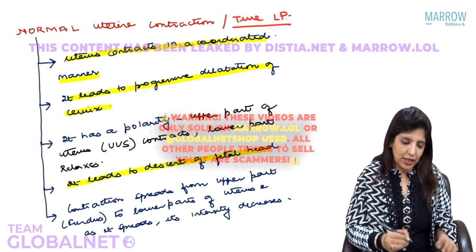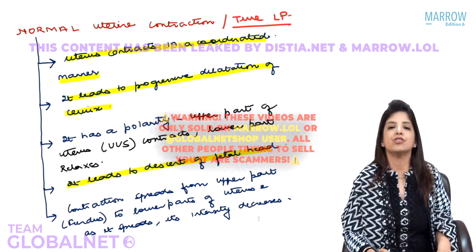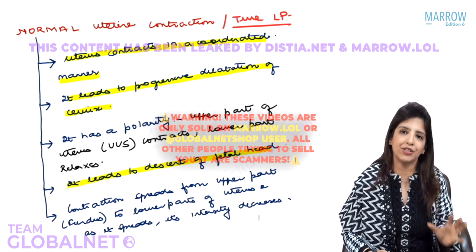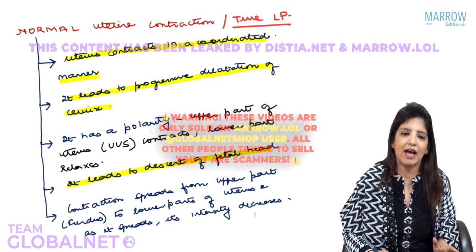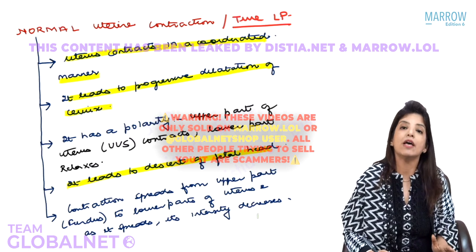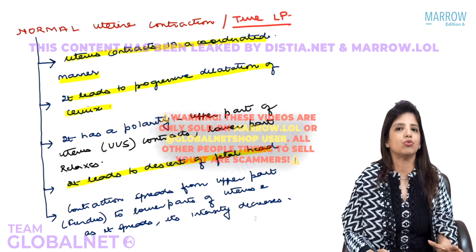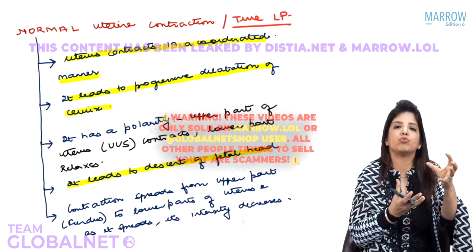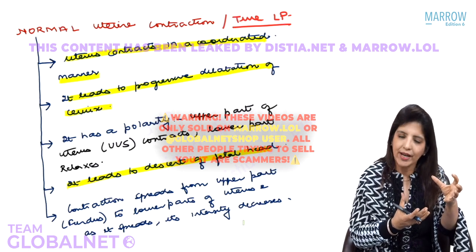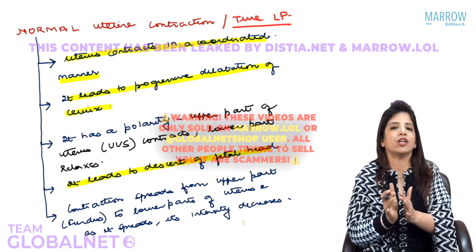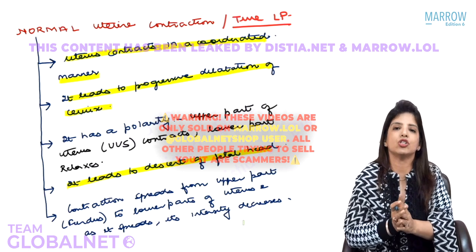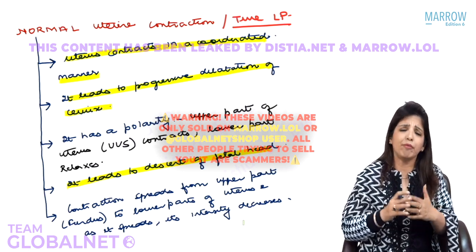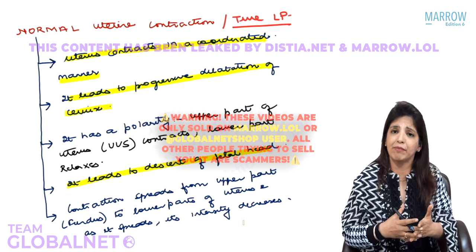Right? Now, these normal uterine contractions, they will always have a polarity. Now, when I say they will have a polarity, that means when the upper part of the uterus is going to contract, the lower part of the uterus would be relaxing. Right? So, a positive and a negative polarity is maintained. It is not that both the parts are going to contract simultaneously.